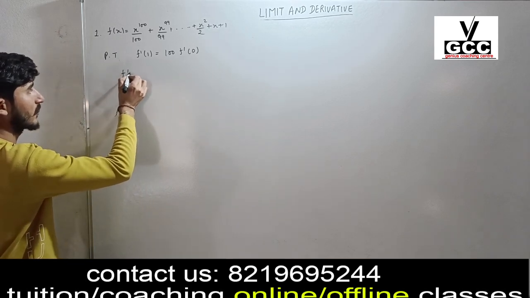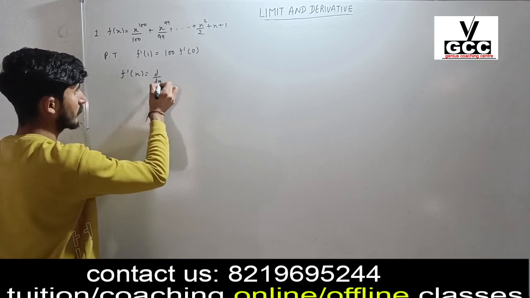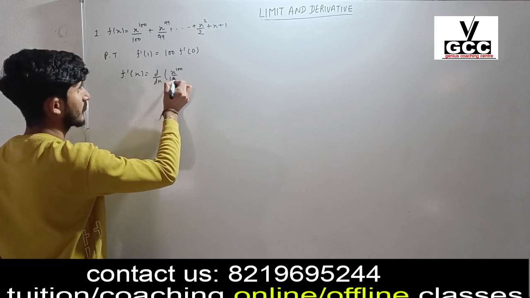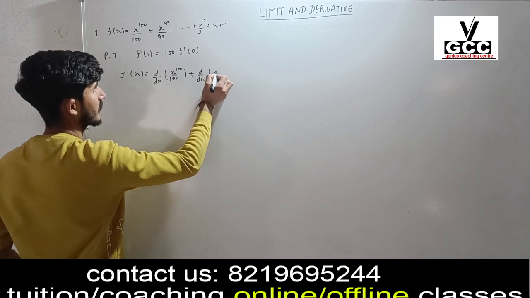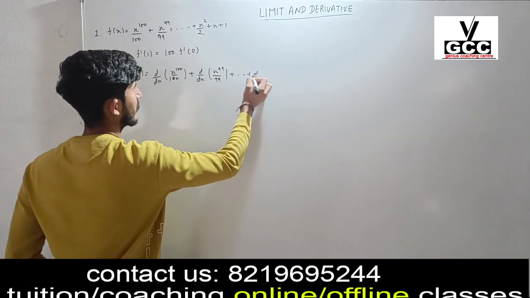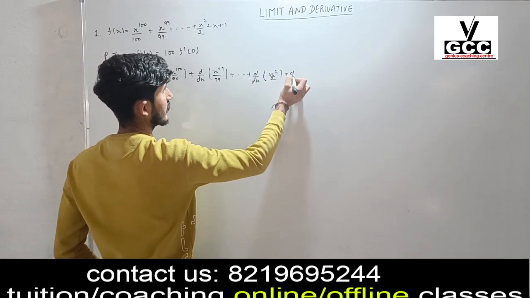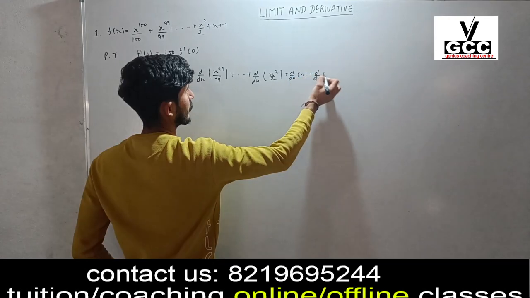So firstly we have to find the derivative dy dx of x 100 by 100 plus dy dx of x 99 by 99 plus so on, dy dx of x square by 2, dy dx of x, plus dy dx of 1.